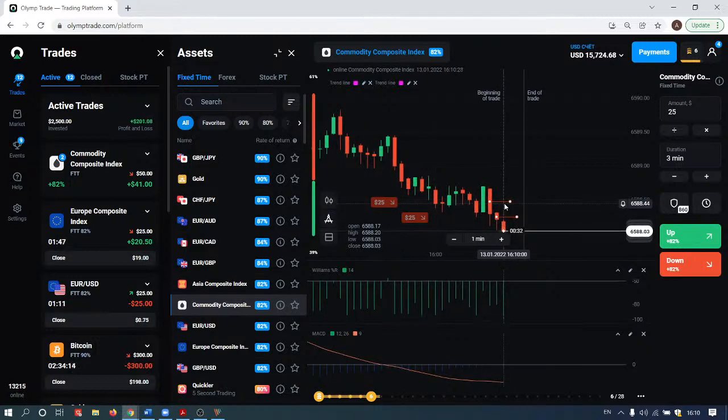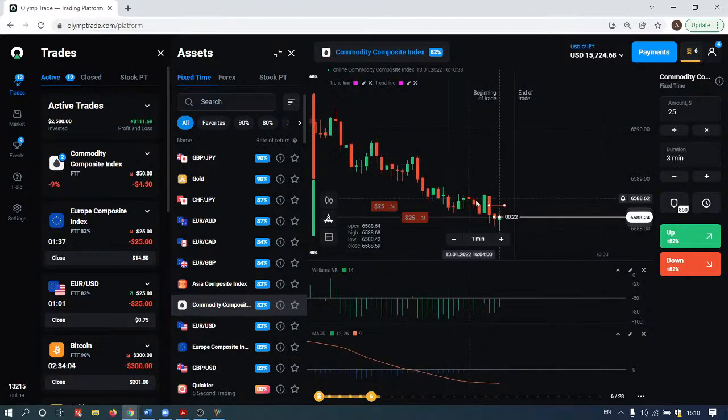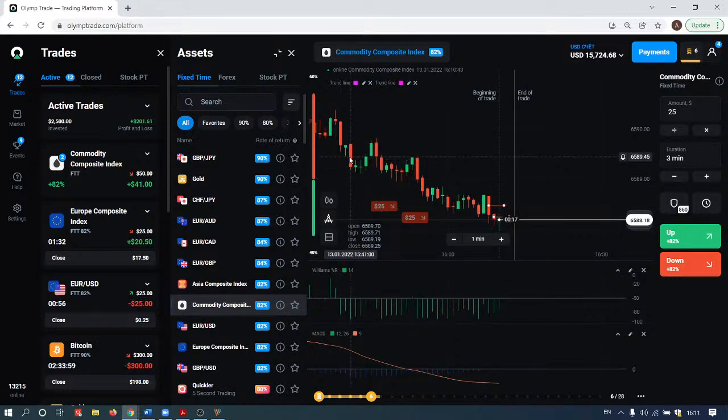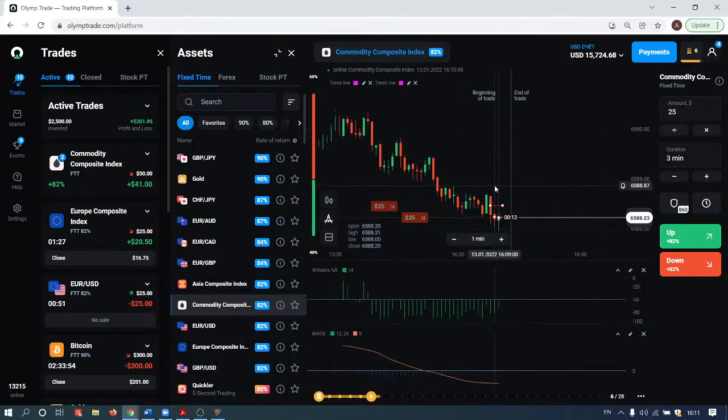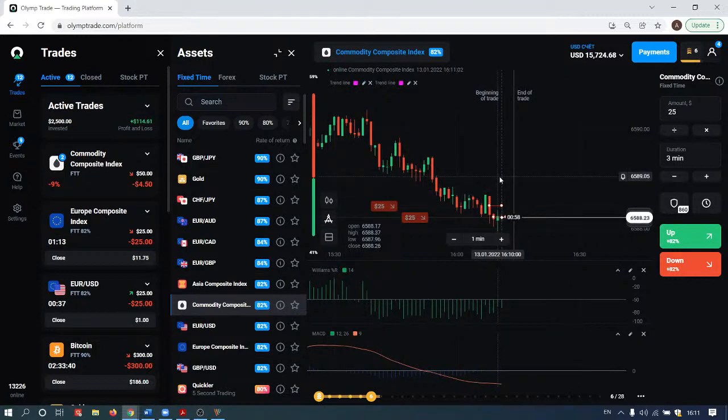In this strategy, as long as these conditions are intact, pretty much all this wave, or all this movement from this point in time all the way up to the current moment, you could be opening trades in the downwards direction. That's what I call one signal, multiple trades.